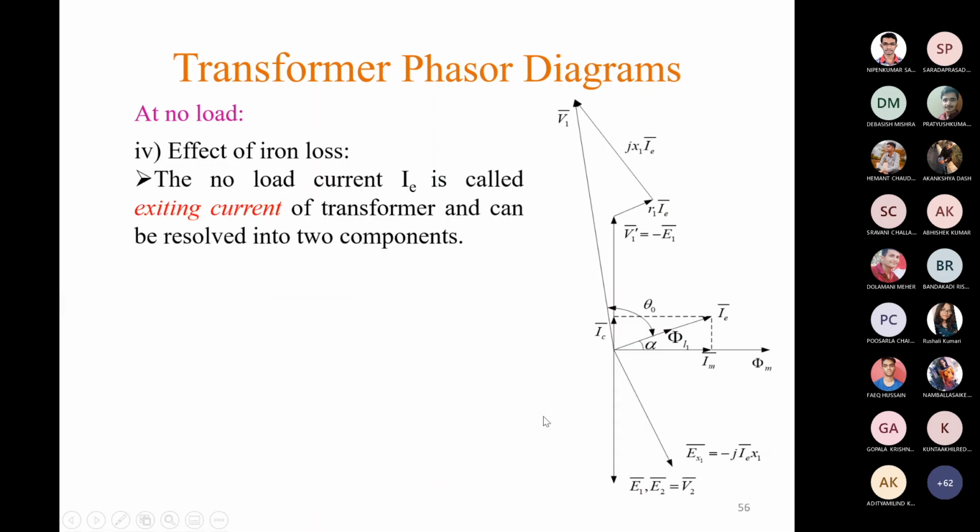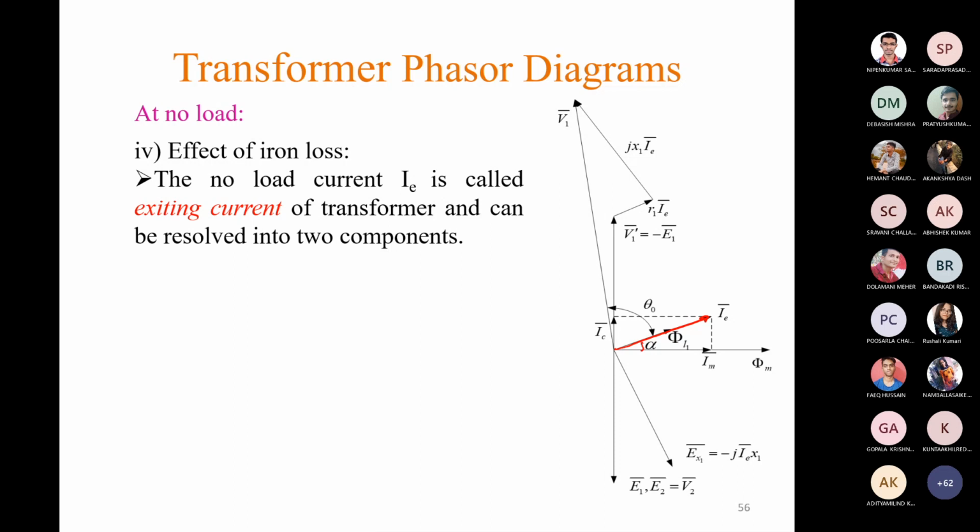The no load current IE is called the exciting current of the transformer and can be resolved into two components. See here, this is the exciting current which leads the flux phi m by an angle alpha. So for a practical transformer, IE and phi m are not in phase.